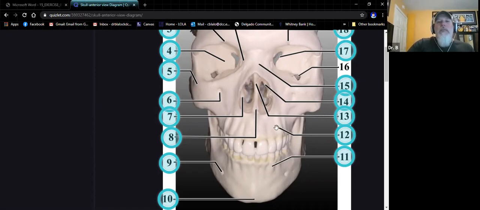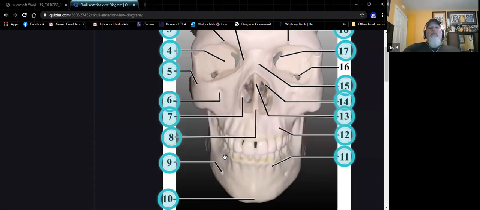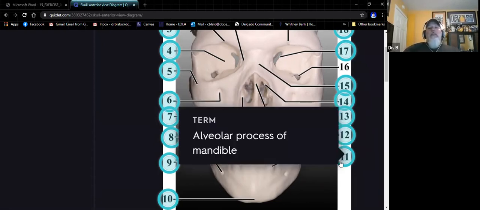Those are called alveolar processes. Those are the bumps that we see along there. The ones on the upper right here would be the alveolar processes of the maxilla, and these down here would be the alveolar processes of the mandible.